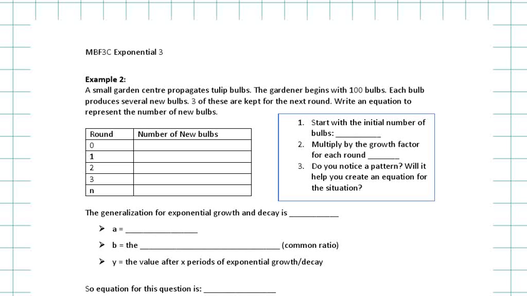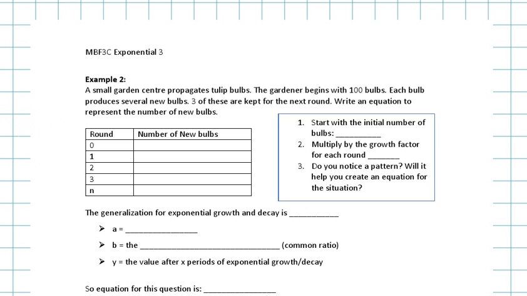So basically, one bulb is going to produce many bulbs, but we're only going to keep 3 from each bulb. Why? Because that's what they want to do. I don't know, you can ask the gardener.